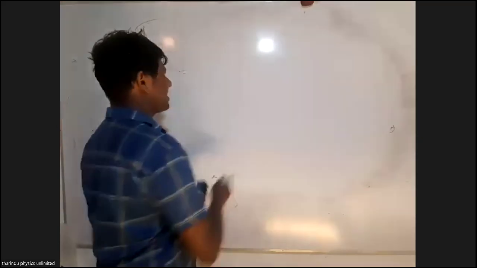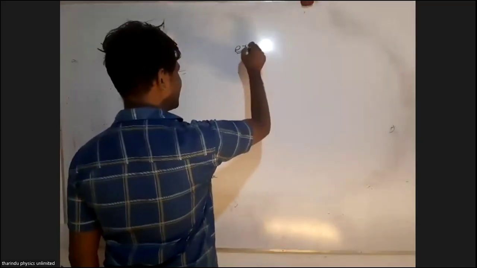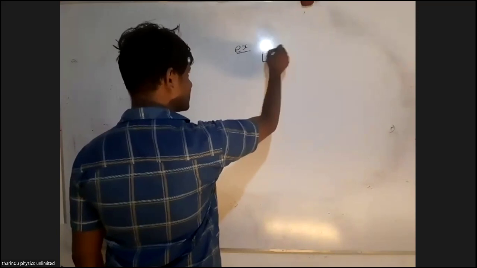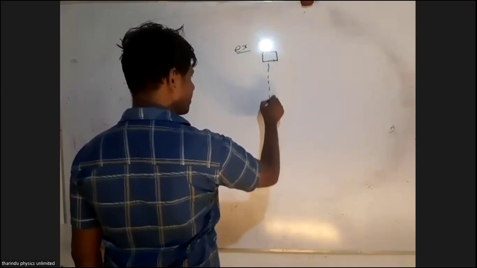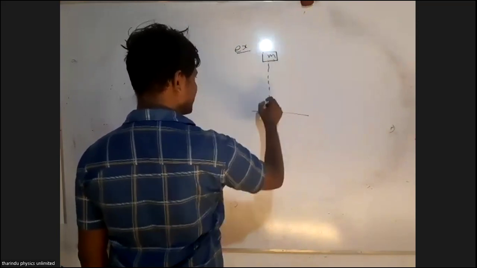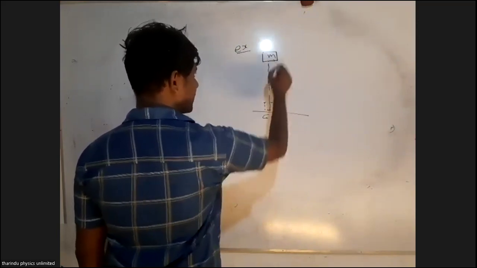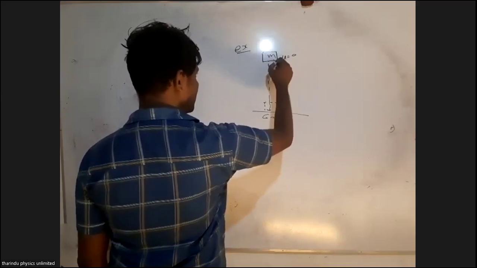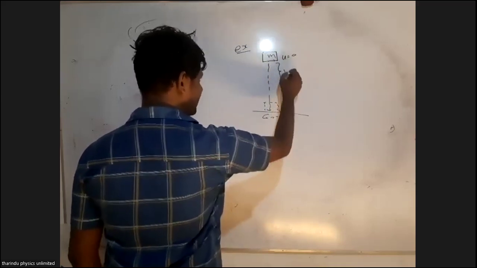Let's get a real example. A ball of mass m, u equals 0, and there is a height.